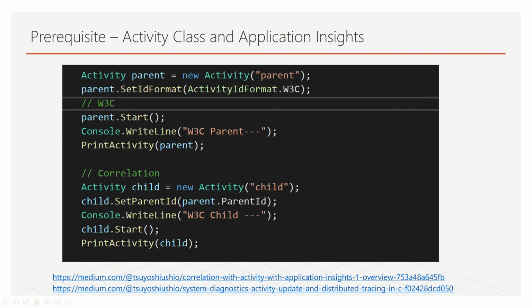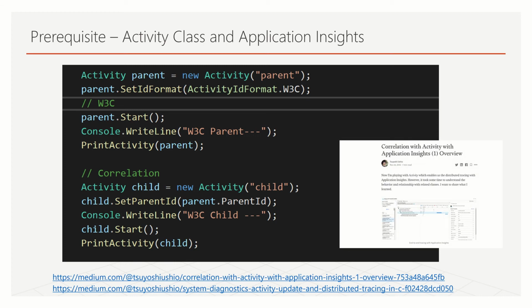I won't explain things like the activity class, Application Insights, and what the telemetry looks like. If you want to know more about the activity class, correlation, the relation between the activity class properties and the Azure portal, you can go to this blog and find some good resources. I also wrote a following blog with an update on the activity class, and for the new version you can find it on this Medium website.